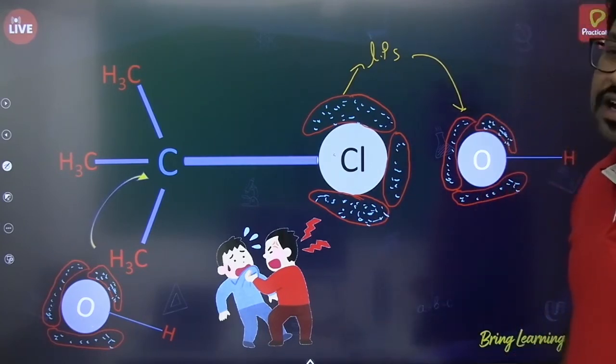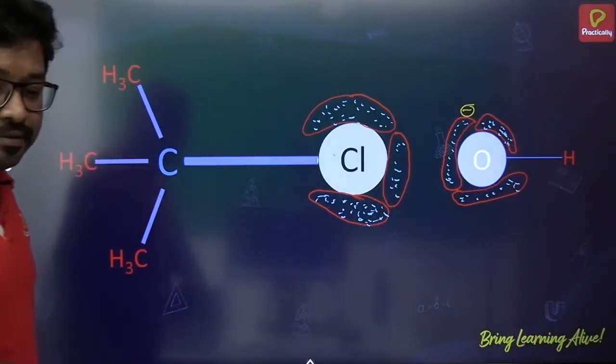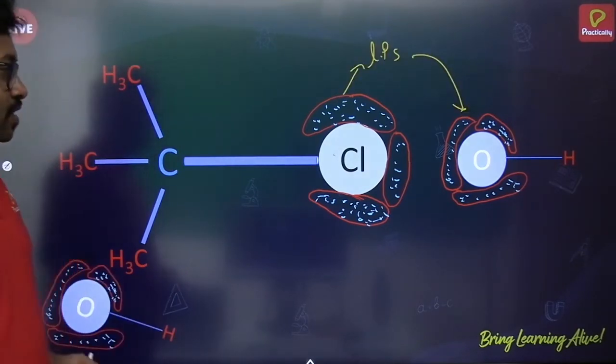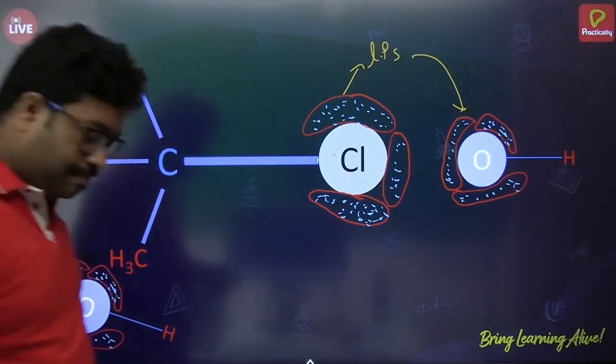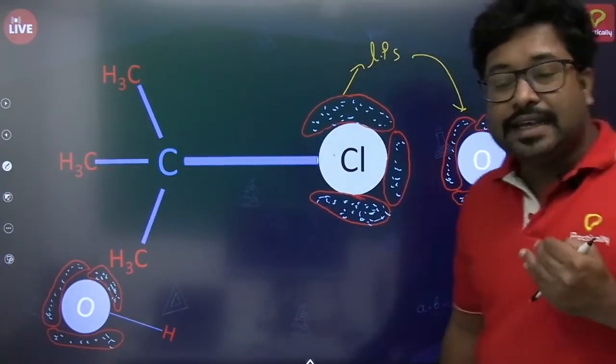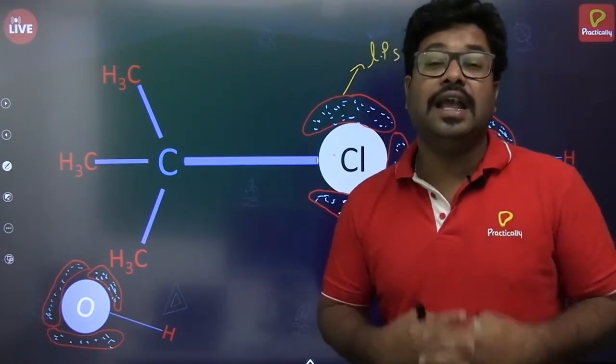Firstly, they are quarreling like this, so it is not allowed to attack from the front, so it attacks from the back side. In the earlier case, we had a substrate called methyl chloride.